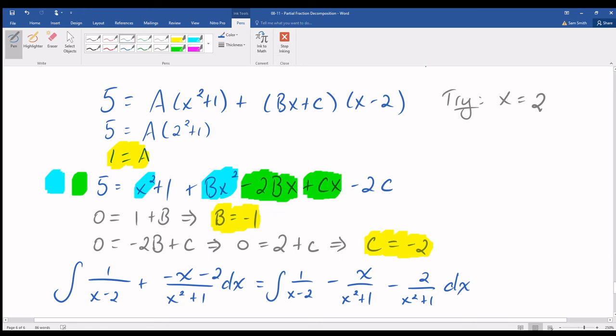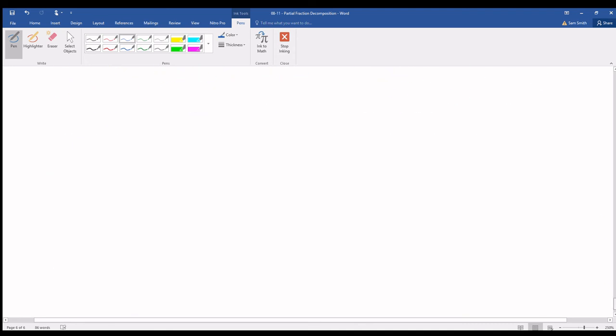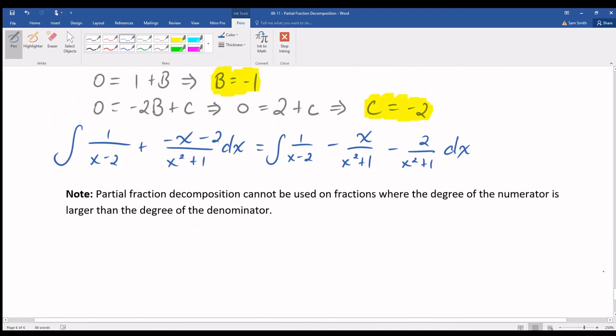Now, each of these three individual rational functions has the format of something whose antiderivative we've already found. For example, here would be the natural log of the absolute value of x minus 2, as a consequence just of our regular ordinary natural log formula.